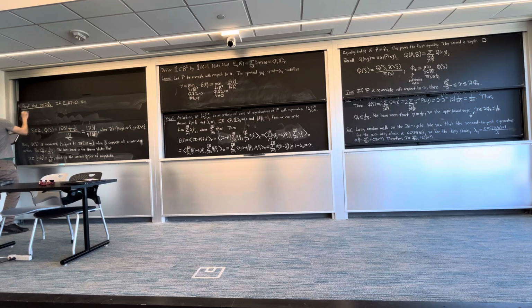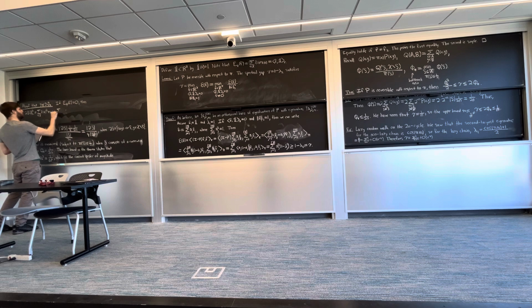So 2 times the 2 norm of f squared. I can write this as the sum over x in X of f of x squared pi of x. That's just the 2 norm squared, and then I'll just add it again, but with a y instead.